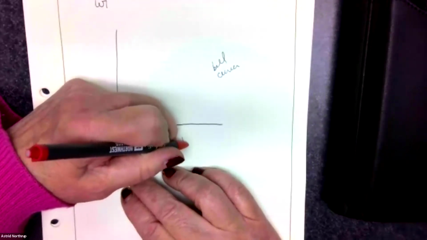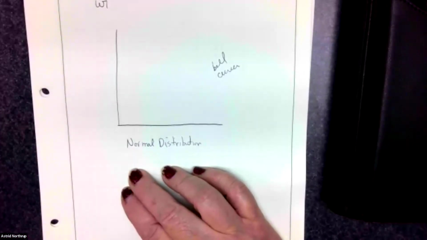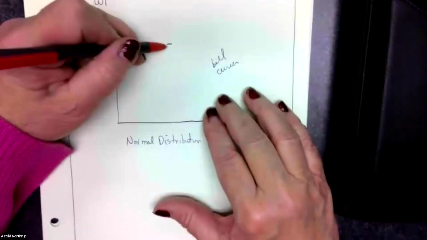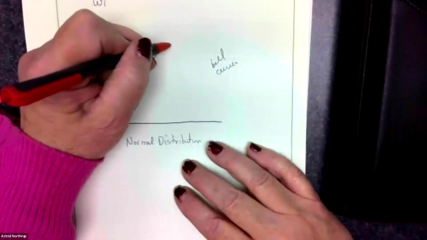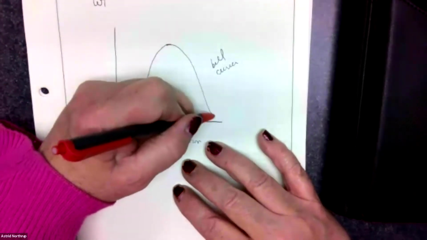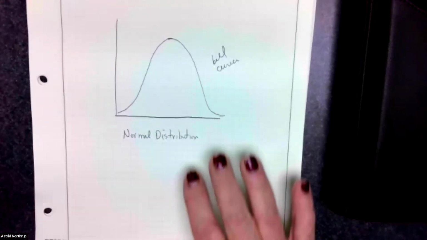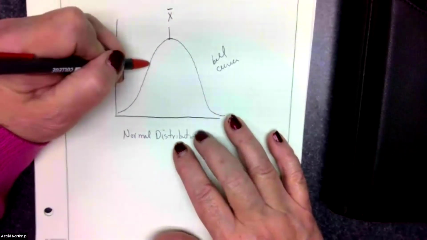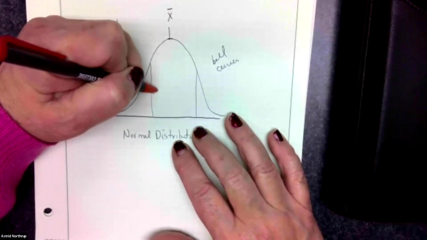And all naturally occurring data, if you gather enough of it and you gather it properly, will follow a natural bell curve, which means that the average, the mean, and the median will be the same, and then it will drop off in a particular numeric fraction equally on both sides until you come out with these little tails. So this number is called X bar, which is the average. And if you go out a certain amount, you can capture about 2/3 of the data.